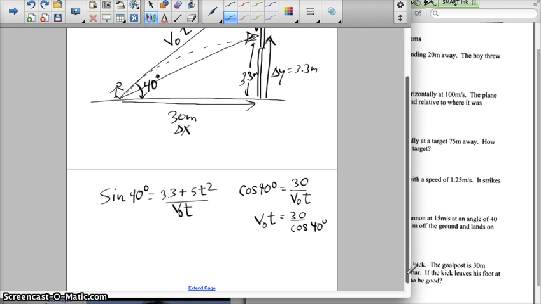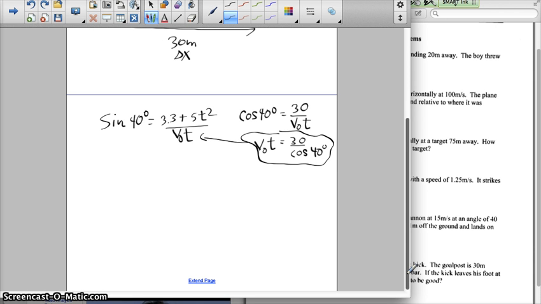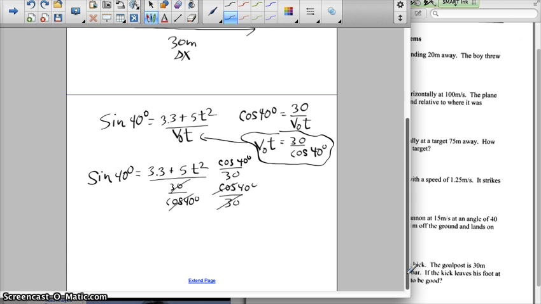All right. So let's take this and put it here. Okay. So I got sine 40 degrees has to equal 3.3 plus 5 t squared over 30 over cosine 40 degrees. So I can multiply by cosine 40 degrees over 30. That gets rid of this.